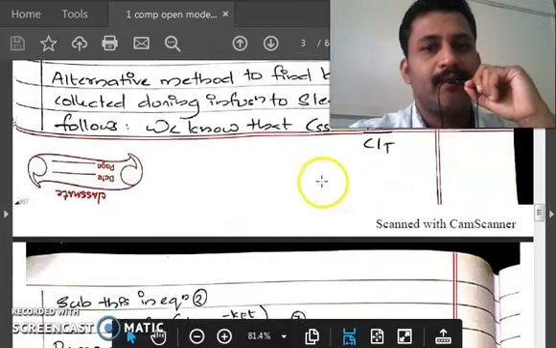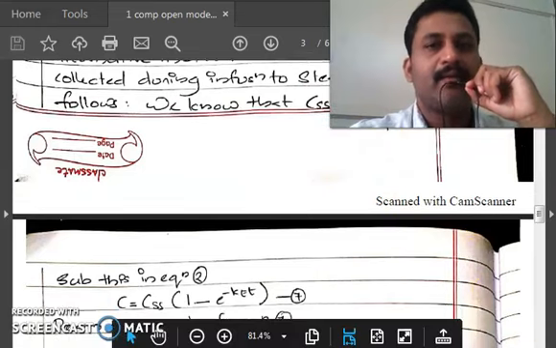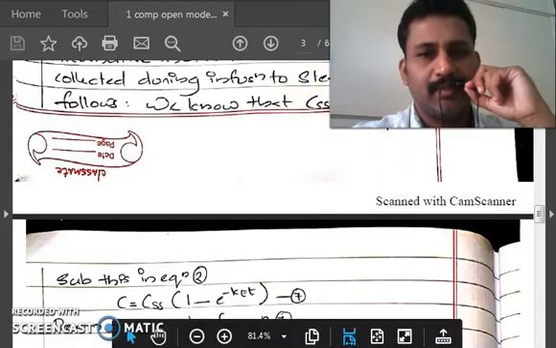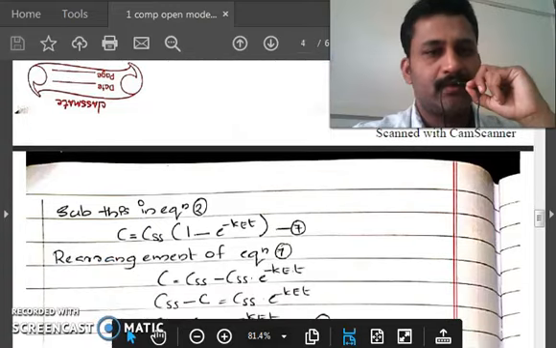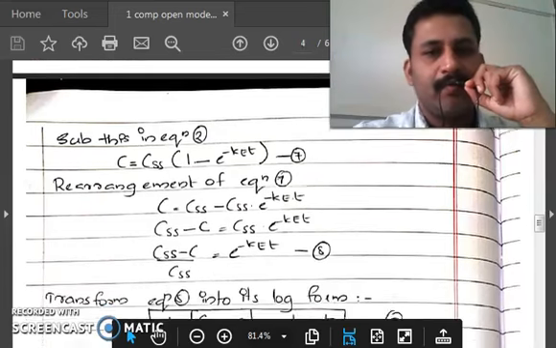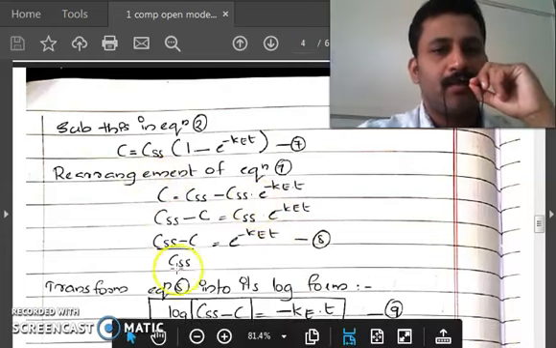Then we apply it in the third equation, C is equal to R0 by CLT into 1 minus e raised to minus K into T. Instead of R0 by CLT we substitute CSS. So in equation 3 we get C is equal to CSS into 1 minus e raised to minus Ke into T. Then we go for some rearrangement, bringing all the concentration terms to the left hand side.